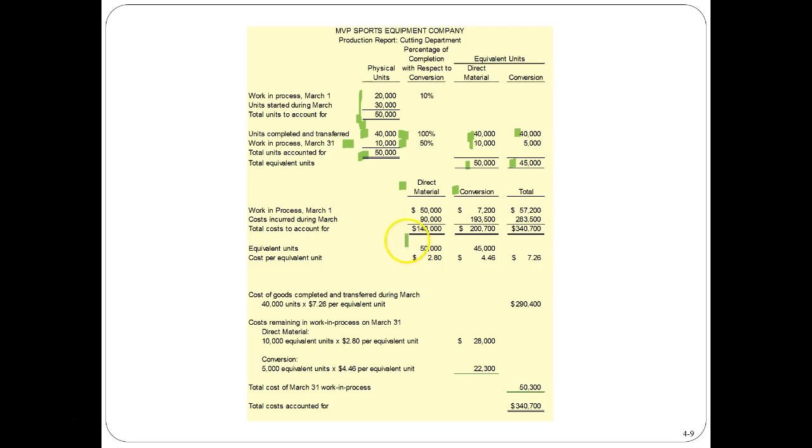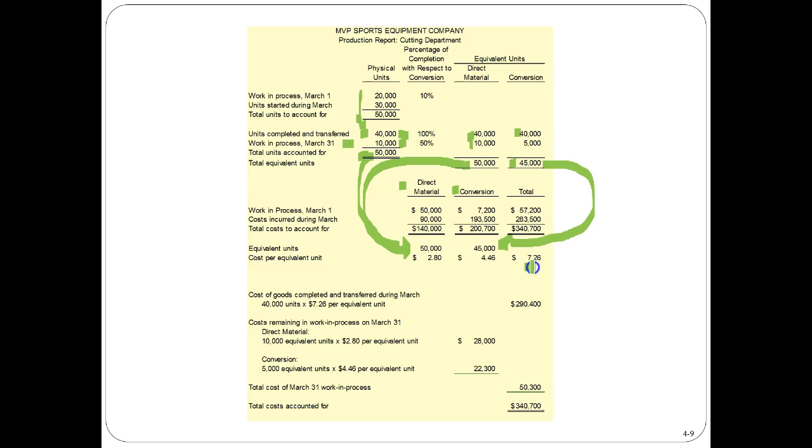Therefore, we're going to divide the direct materials cost, the 140, by the equivalent units here. The equivalent units gives us the 280. We're going to take the total cost for conversion and divide that by the equivalent units, which is the 45, gives us this number.